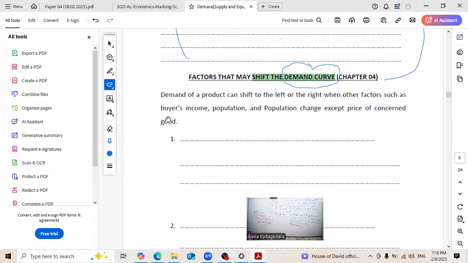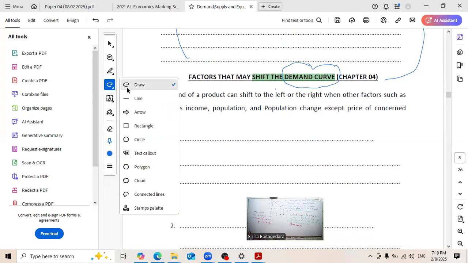Continue the sentence, there is one part missing. Here it should be demand curve of a product, not demand of a product. It's my mistake, a printing mistake.